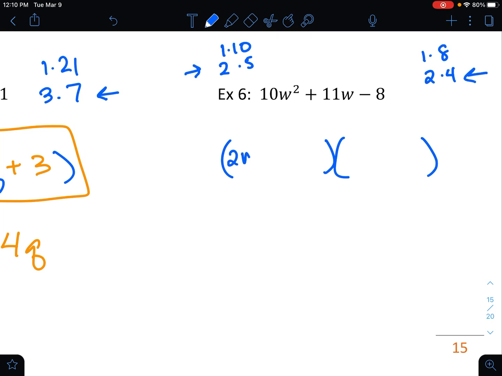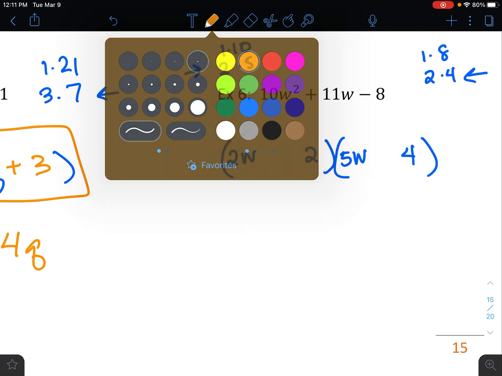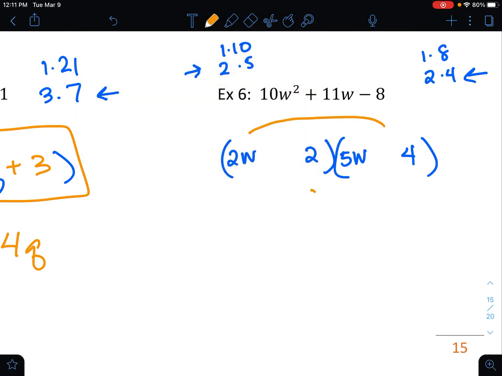Okay, so I'm going to try 2W and 5W, and then I'm going to try 2 and 4. And then I am going to test out the outer and the inner. So 2 and 4 is 8W. 2 times 5 is 10. All right, this is going to add to 18, or 10 minus 8 is 2, and I need an 11.